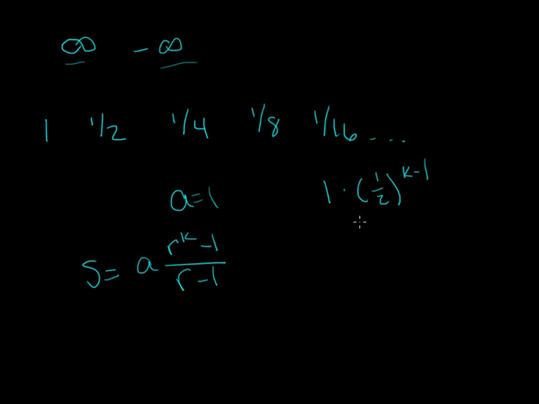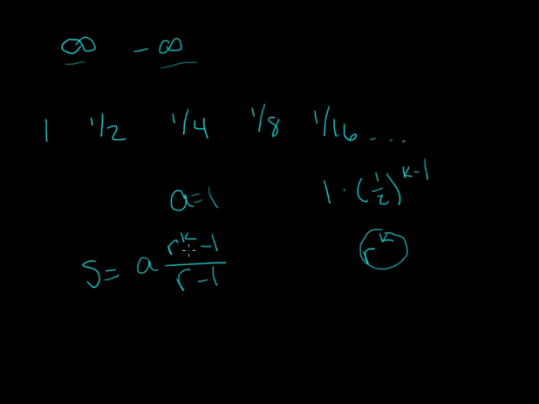And this is because r to the k, when k gets larger, this value will get exceedingly small. You can see that here. It'll keep going on, 1/32nd, 1/64th, and so on. It's going to get extremely small. So when k is infinity, that's actually going to become 0.